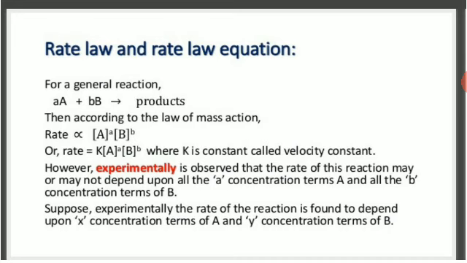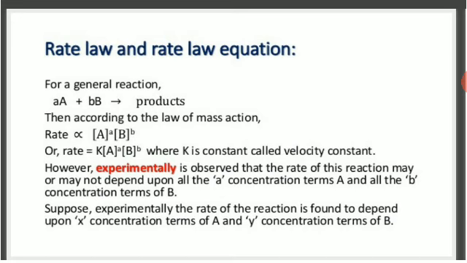Next comes the rate law. The rate law, or the rate law equation, is experimentally determined, and it is observed experimentally that the rate of these reactions may or may not differ from that of the law of mass action. For example, according to the law of mass action, the rate is equal to K, the rate constant, times the molar concentration of A to the power a and the molar concentration of B to the power b.